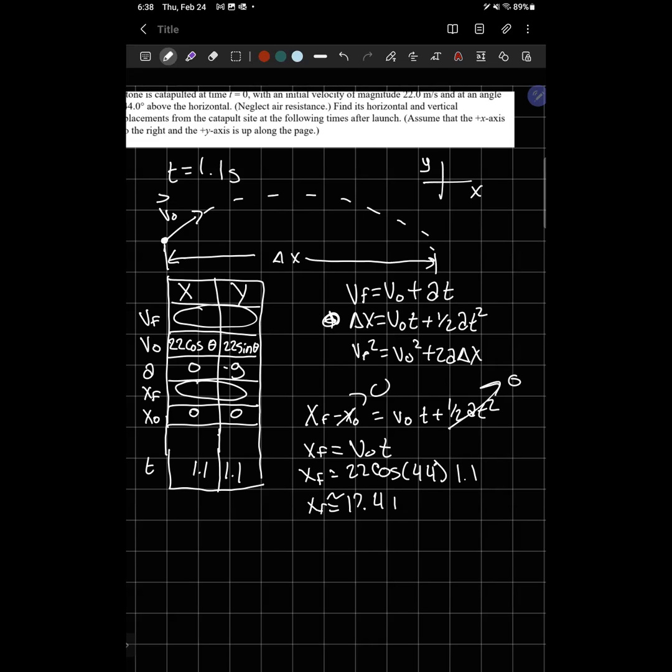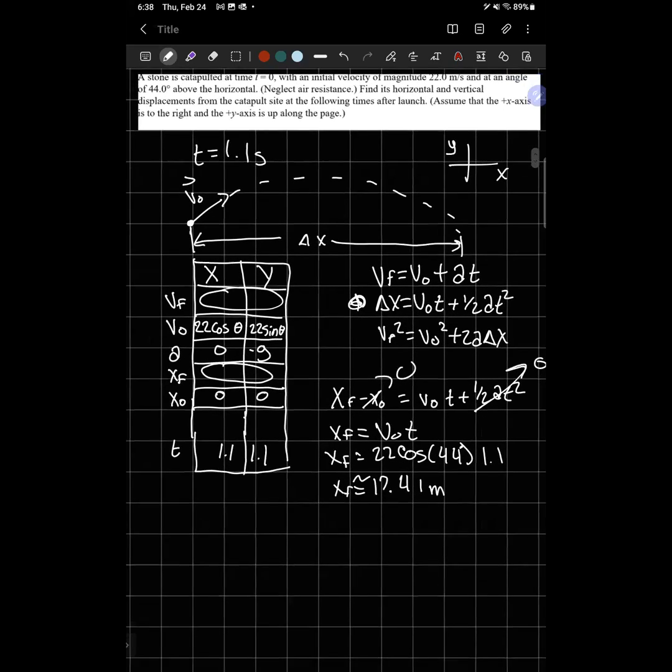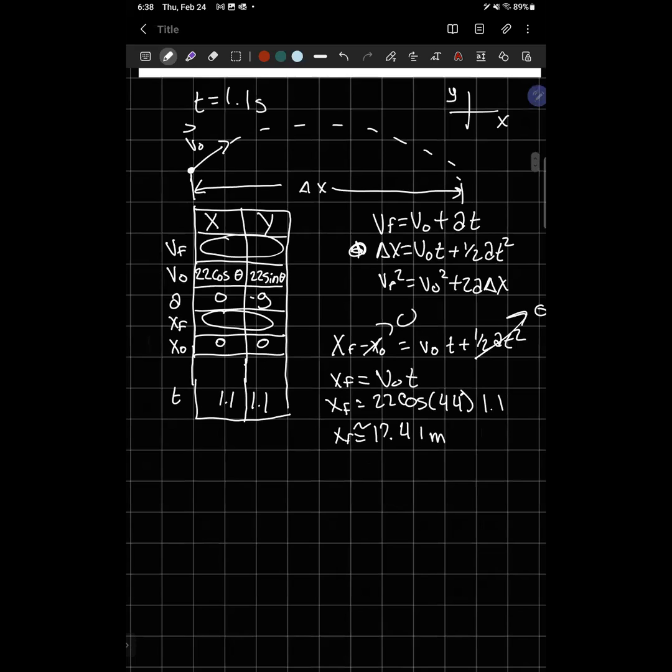Meters, yes. Awesome. Okay, so the next part is to do the vertical.